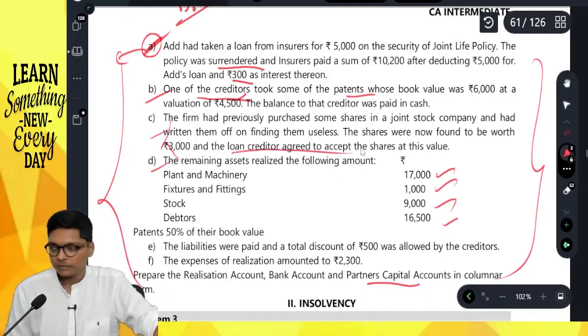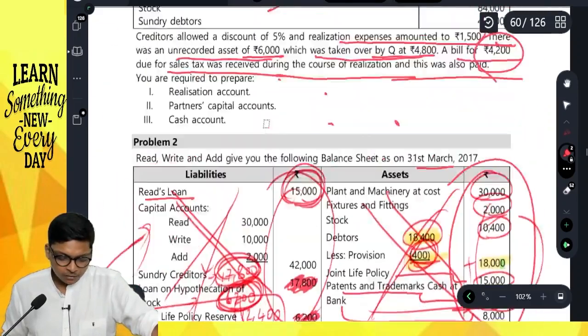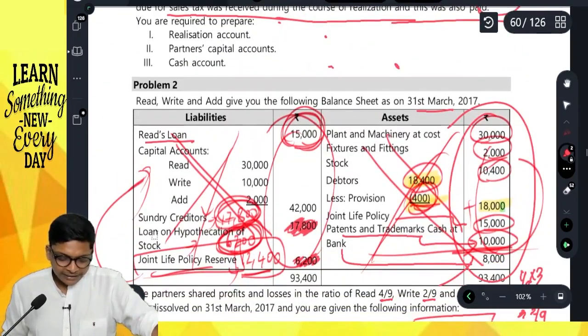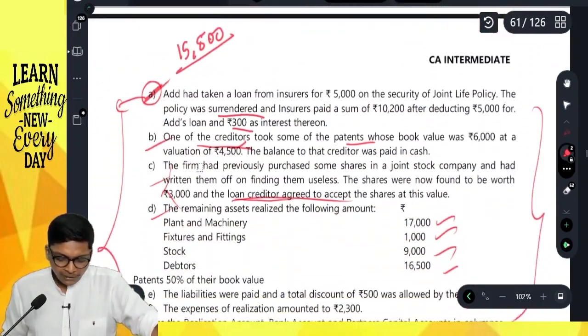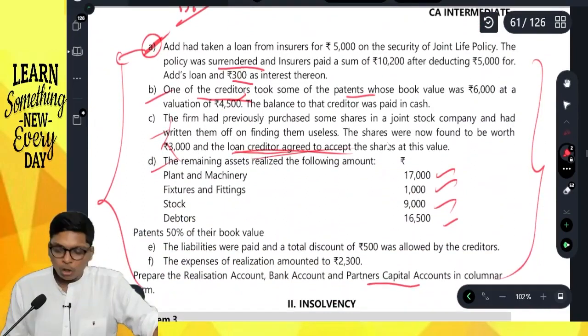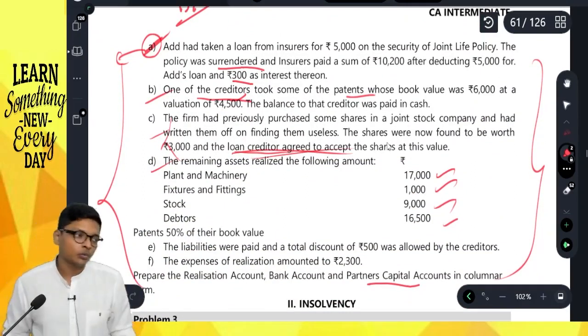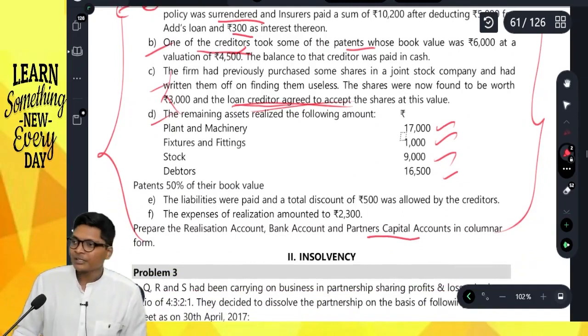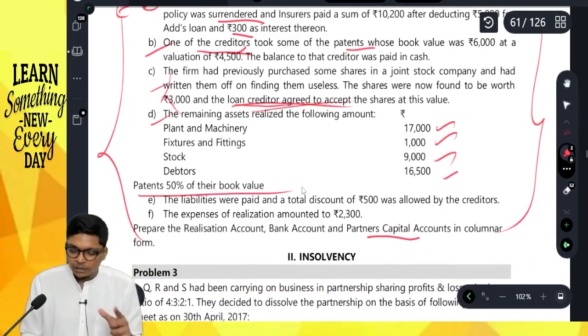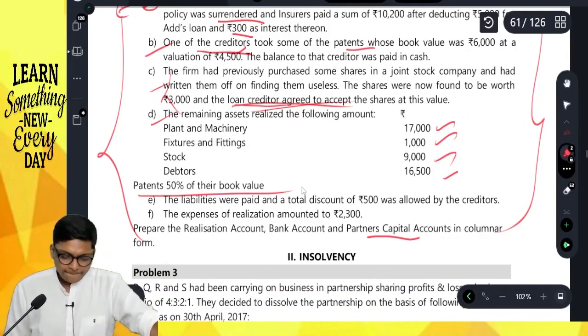So loan creditor. There are two creditors we had, correct? We have sundry creditors and loan creditor. Point C talks about loan creditor hypothecation, so we don't have to worry for now. Point D talks about realization of assets, okay, fine. Patents, 50% of their book value.